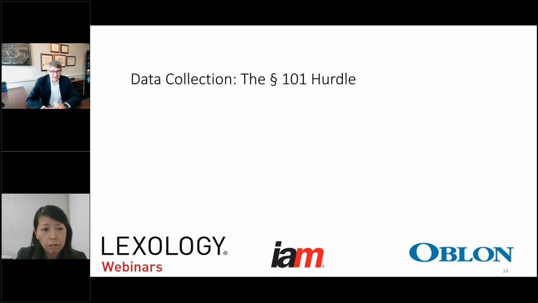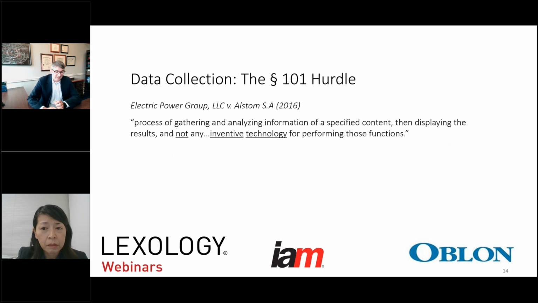Another area, of course, when we talk about artificial intelligence and big data, is that we need to obtain data. We need to collect data in order for the artificial intelligence to operate properly. And we have a kind of famous case that caused a lot of problems at the Patent Office, especially after it came out, which is the Electric Power Group case.